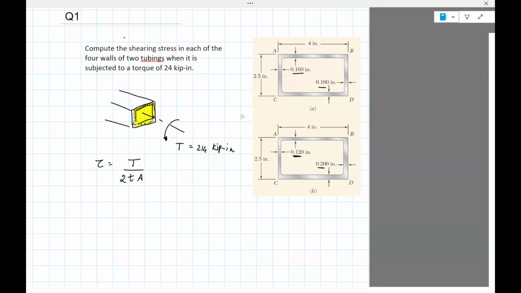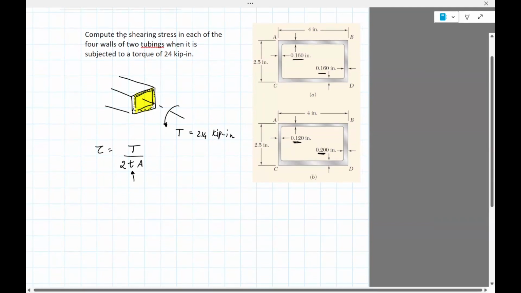There's 0.12 for the top and the left half, and 0.2 for the right and the bottom one. So clearly, because this is a function of thickness, we'll expect that the shear stress in the bottom one is not going to be the same on all four sides. It's going to be the same for A because you can see the thickness is the same.